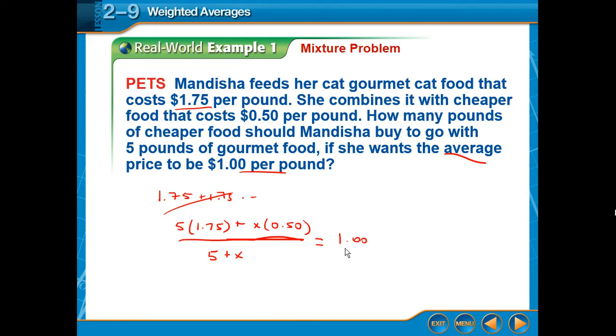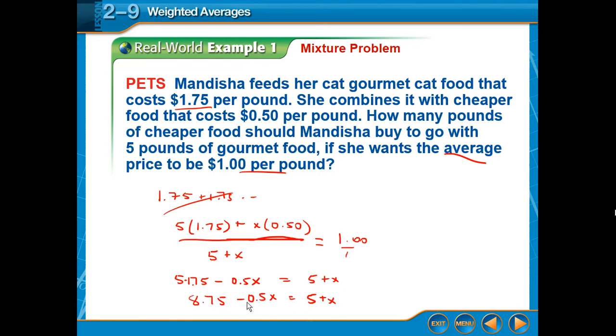I can treat this like a proportion and do cross multiplication, or get rid of the denominator by multiplying. So I'm going to get 5 times 1.75 plus 0.5x equals 5 plus x. Let's simplify this first. 5 times 1.75 is 8.75 plus 0.5x equals 5 plus x.